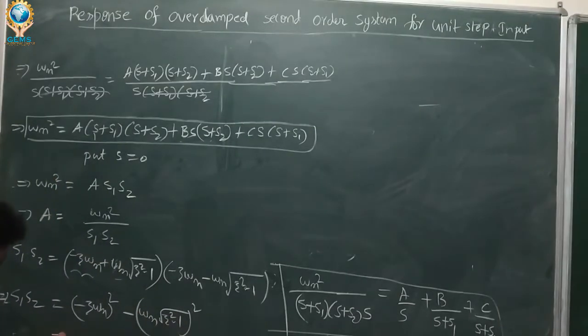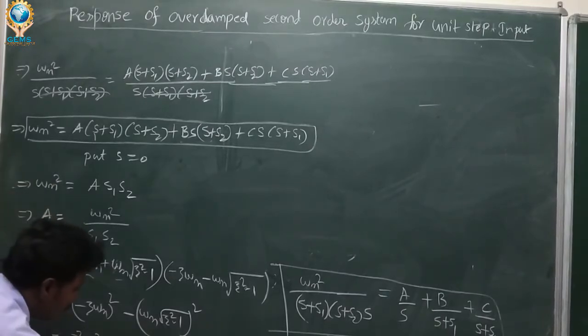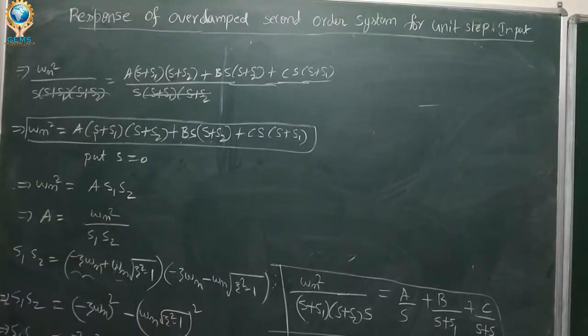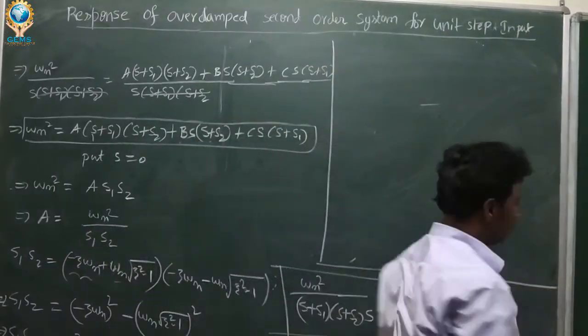So then what happened here for S1 and S2? You will get zeta square omega n square minus omega n square into (zeta square minus 1). You just multiply inside.